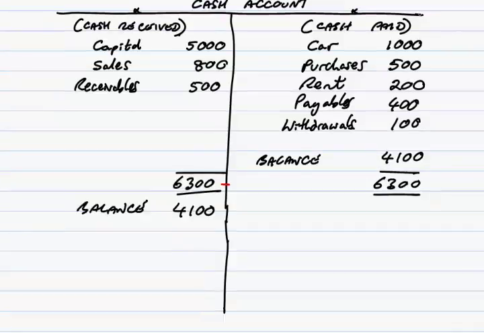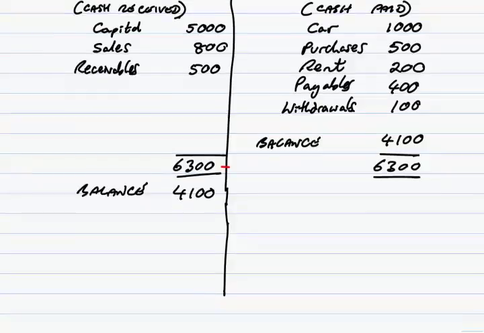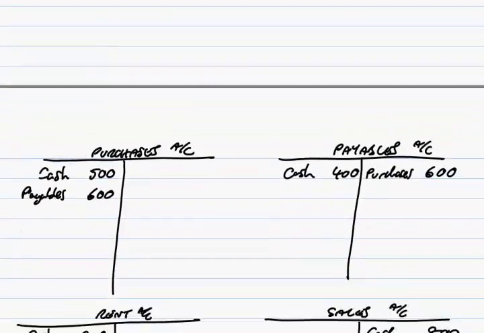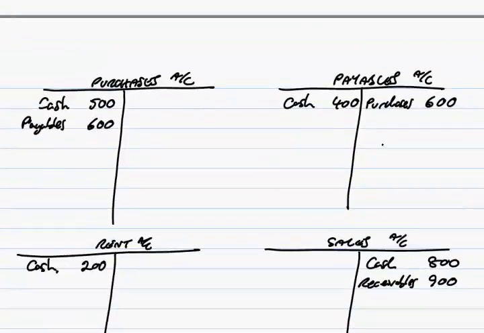But we need to go through, and every time there's more than one figure on the account, we're going to balance off, we're going to replace with one figure. Now, there's no point in doing it for capital and car. There is only one figure there. The balances are obviously credit 5,000, debit 1,000. But look at purchases. Now, the answer may be obvious, but of course, in real life, there could have been hundreds of entries.